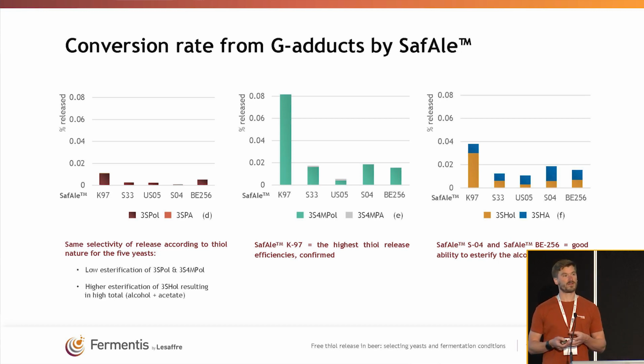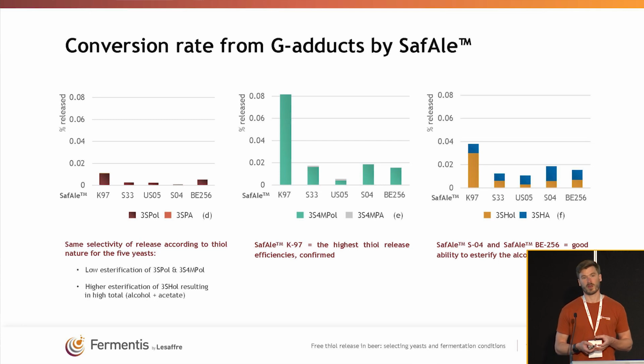But what we have seen from the hop analysis we have been doing as well is that generally you have more glutathione adducts in the hops. So it is still interesting to have such a percentage of release in those hops. So again, K97 showing a very high rate here for 3F4MP, and a similar pattern, K97 showing the highest percentage of extraction.